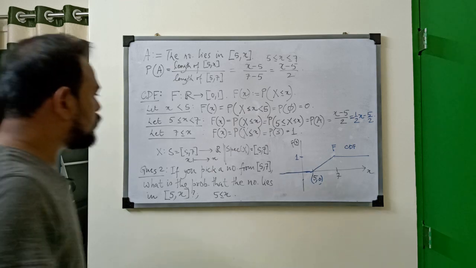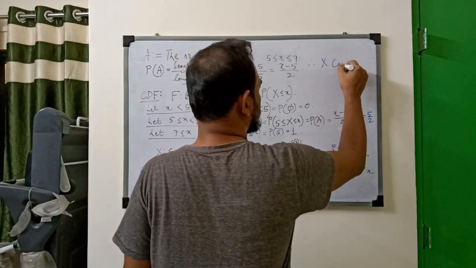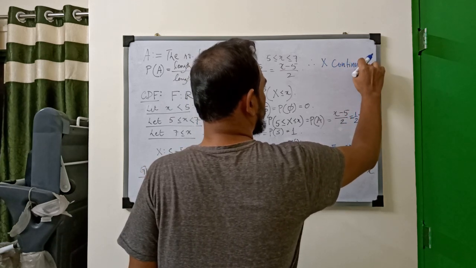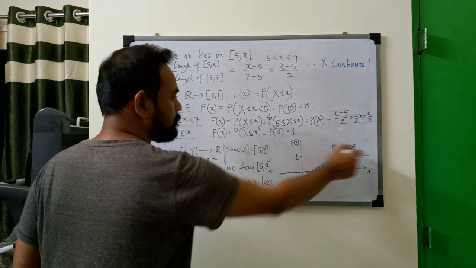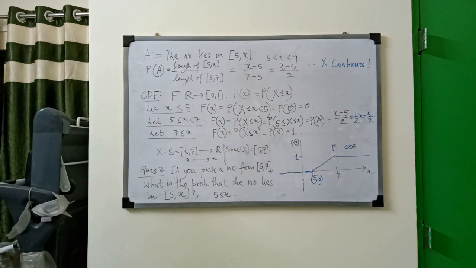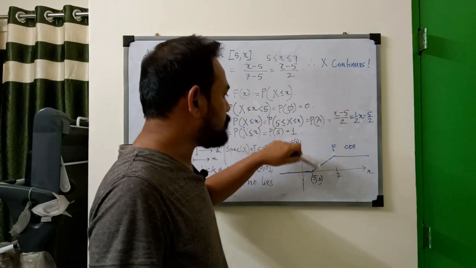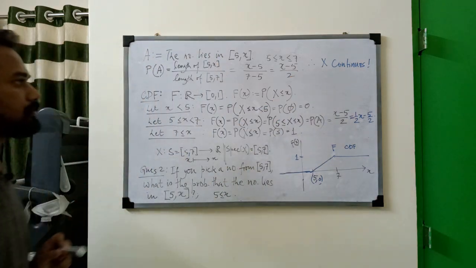So X is continuous, and we've just shown that by showing that its CDF is a continuous function. That's the definition of a continuous random variable: when its CDF is a continuous function, we call the random variable continuous. So this is a continuous random variable.